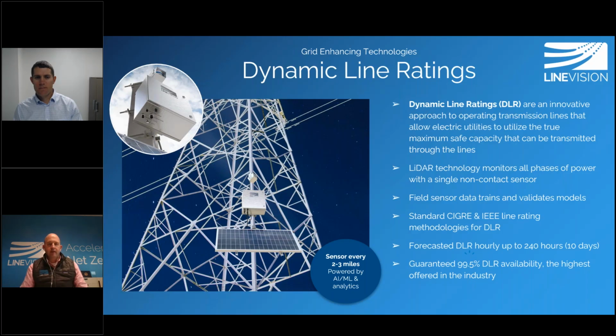And the reason that variable is so important is because that is the limiting factor for the vast majority of lines. And if we can understand what the temperature is, we know how much more capacity we can load onto those lines.